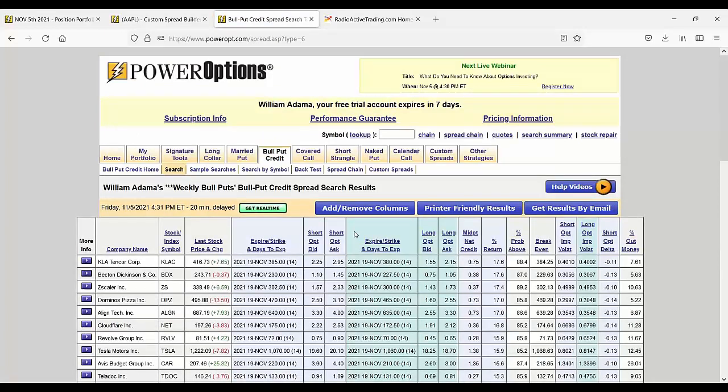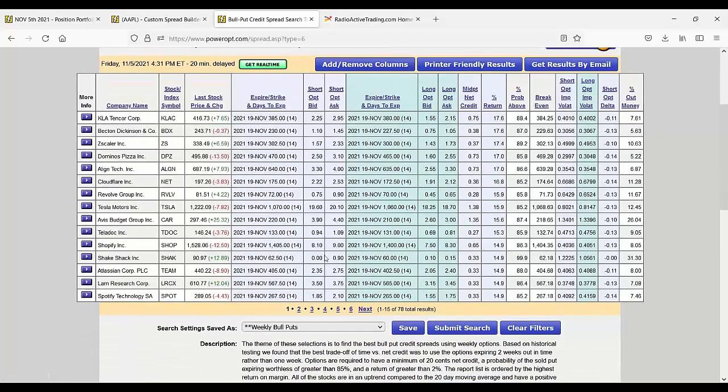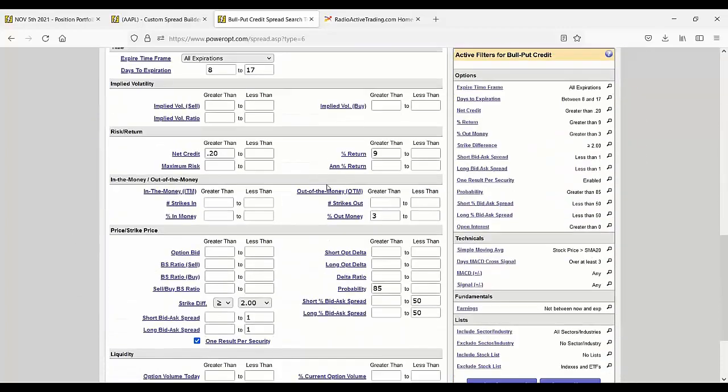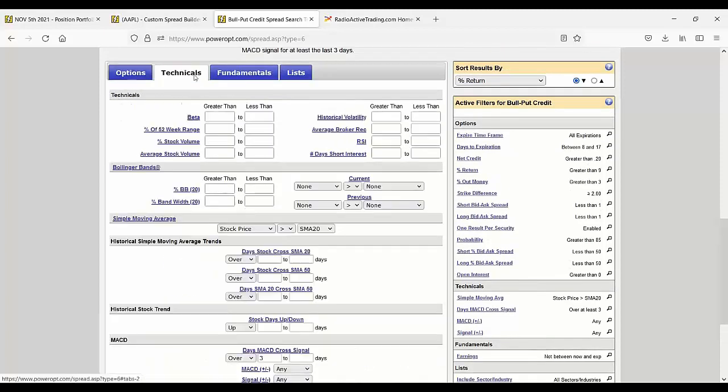This is my preferred screen, similar as Ernie did various iterations of testing for the naked puts, and you'll see those picks of the day also in covered calls as well, monthly and weekly. This is my preferred search for the bull put credit spread. It's looking 2 weeks out in time with, again, some not minimum, but some criteria that was tested, 9% return, 3% out of the money, 85% probability or higher.